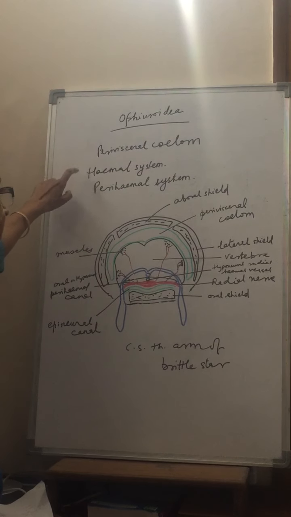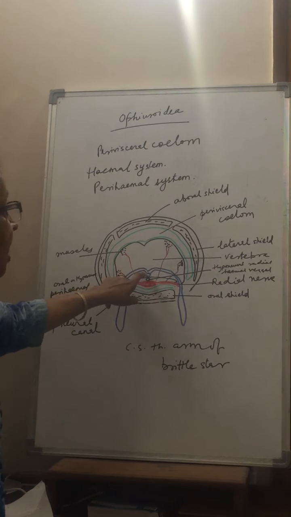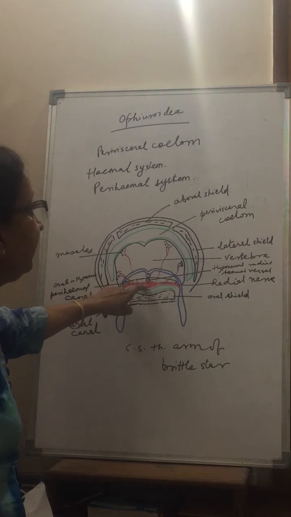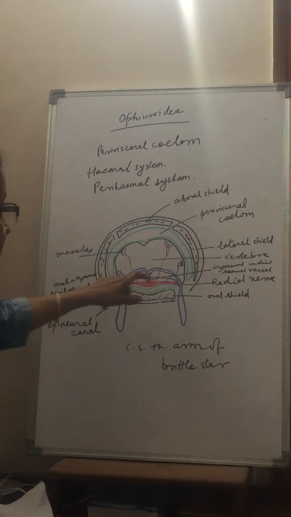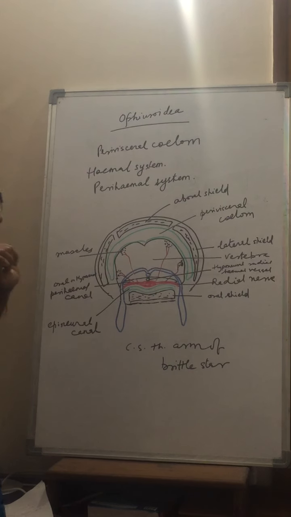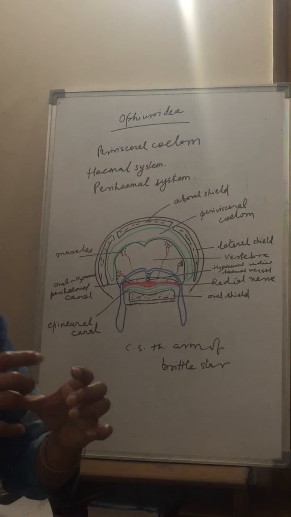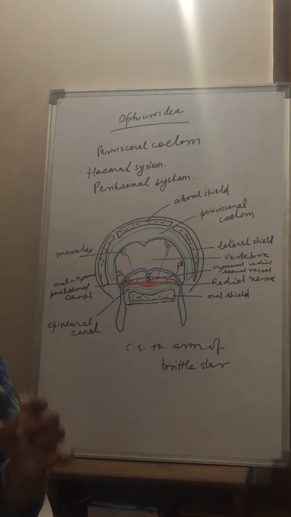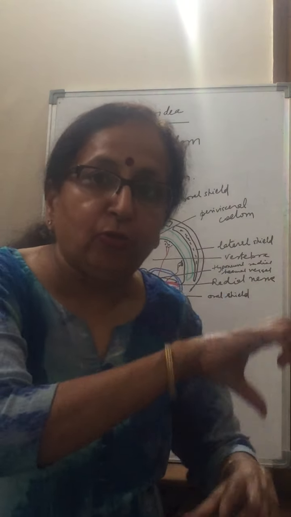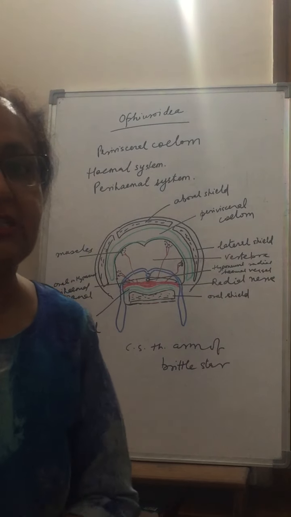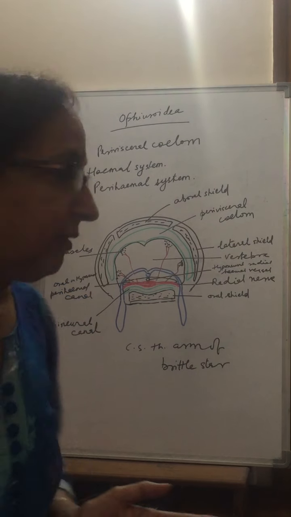If we are talking of the hemal system, it is present in the arm as the hyponeural radial hemal vessel. It is also present in the disc as oral hemal canals and aboral hemal canals, as in sea stars, and it is connected by the axial gland.